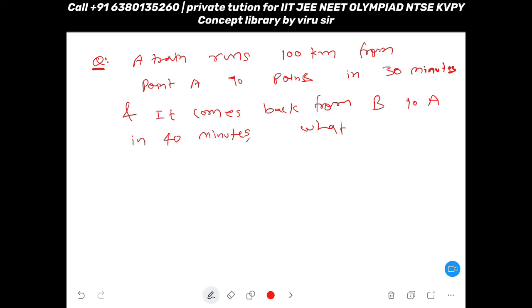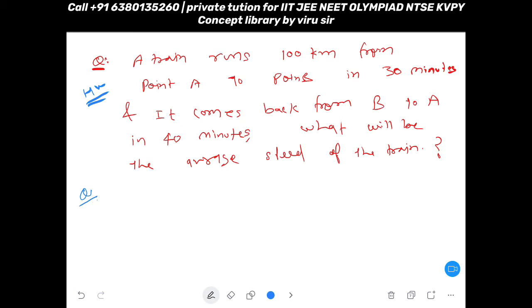What will be the average speed of the train? So this is your homework question.